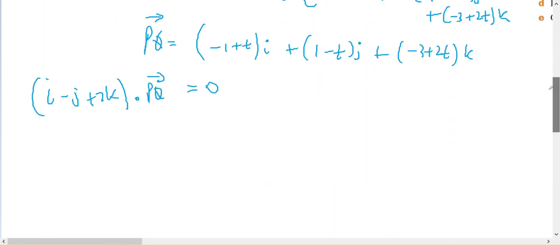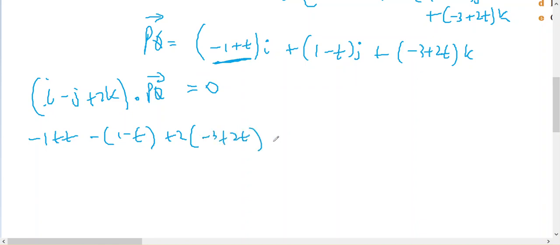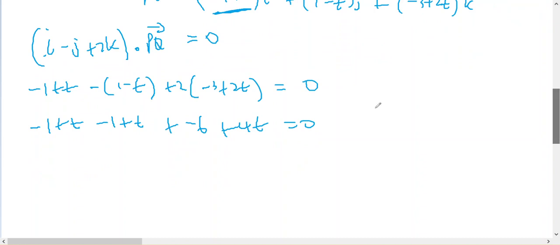Okay, so that's going to be 1 times this, minus 1 plus t, minus this 1 minus t, plus 2 lots of this, minus 3 plus 2t, has to equal 0. So minus 1 plus t minus 1 plus t plus negative 6 plus 4t equals 0.